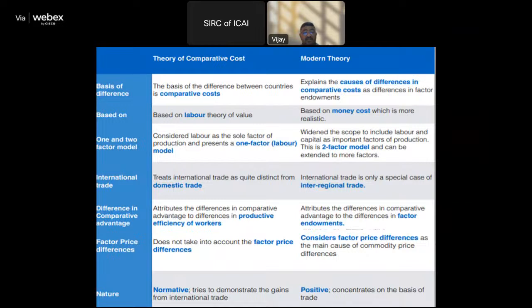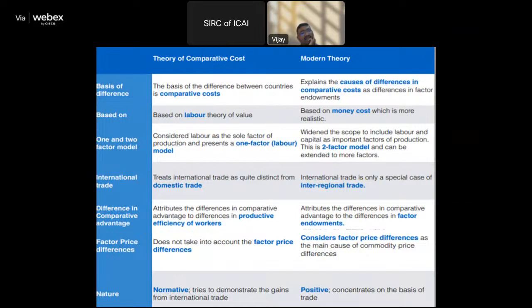The reason for change in price is due to factor price. Because when factor cost changes, cost of production changes, price changes. That is the objective of the modern theory.